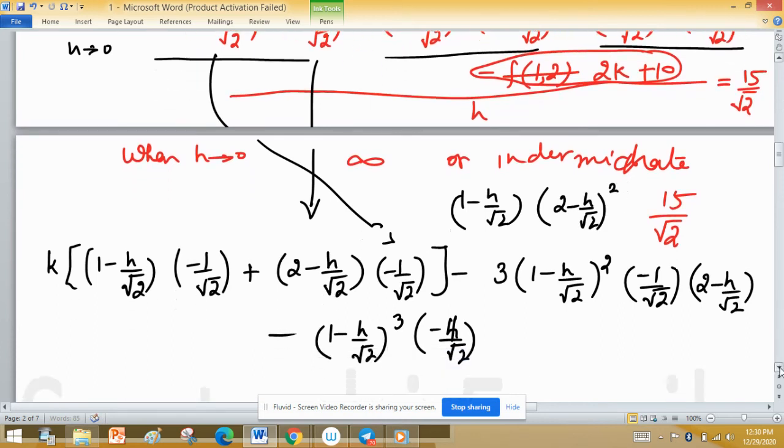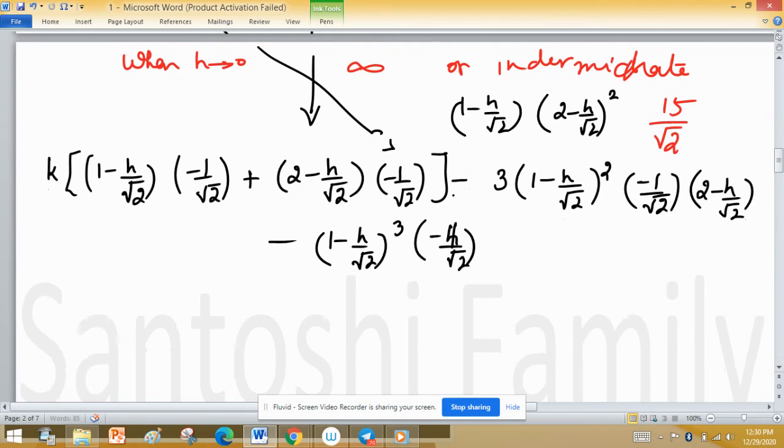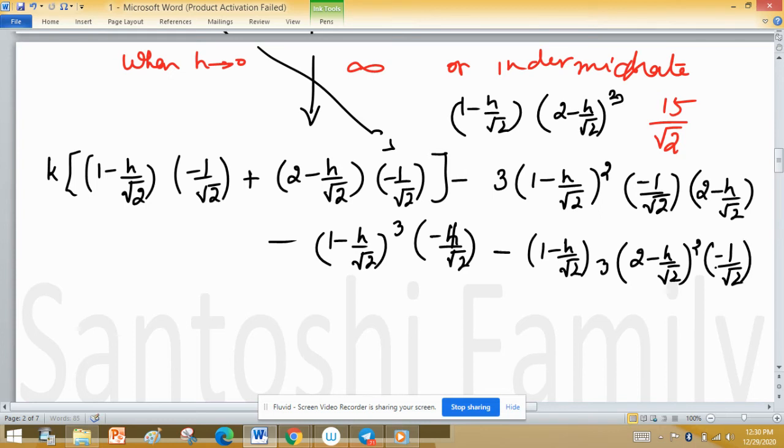So its derivative will be minus of the first bracket, same as before, and the derivative of the second one, it is cube, 3 times (2 minus h upon root 2) whole square, and its derivative 1 upon root 2, and minus of (2 minus h upon root 2) cube, and the derivative of the first bracket is minus 1 upon root 2.